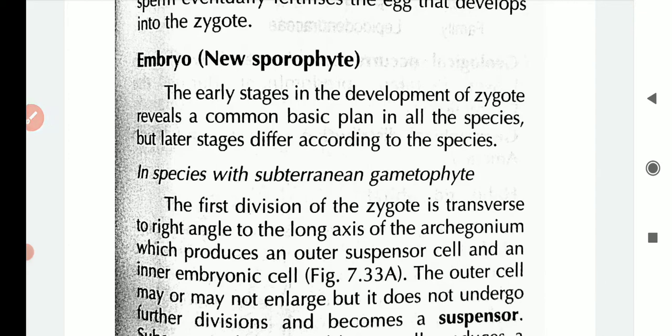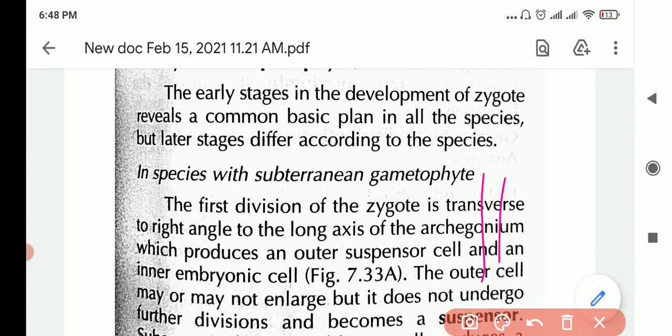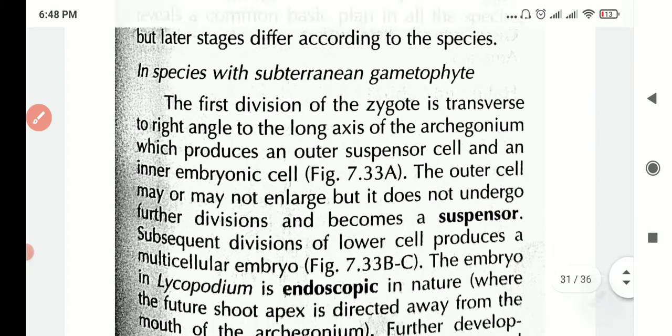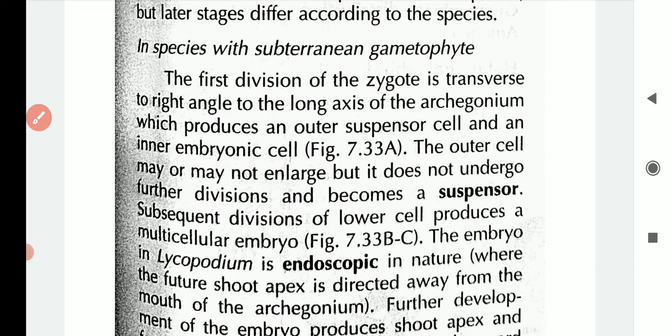In the early stages in the development of the zygote, there is a basic plan in all the species. So in the subterranean gametophyte, the first division of the zygote is transverse, at right angle to the long axis of the archegonium.